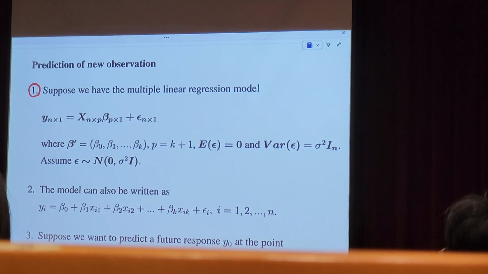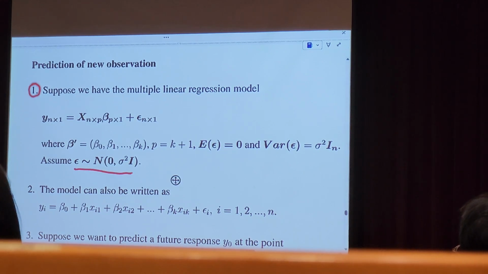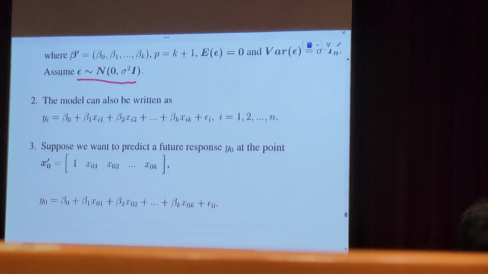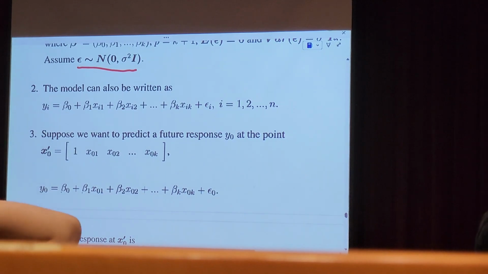So, suppose we have a multiple linear regression model. Same type of condition. Again, the most important assumption is this one now. Assume that the error vector follows a multivariate normal distribution. This model, again, can be written in a non-matrix notation.